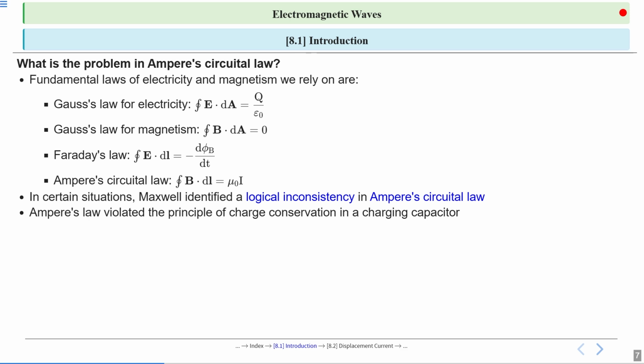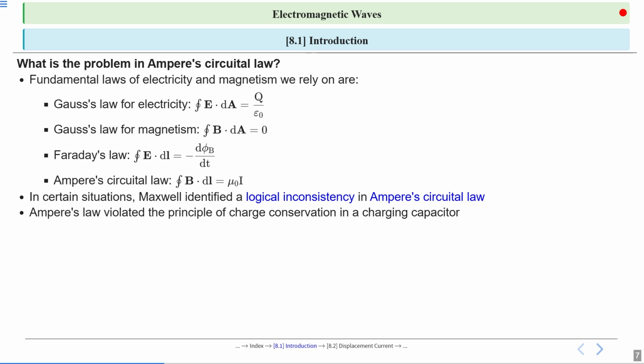He performed an experiment. He placed a magnetic needle near the wire that is connecting the two plates of the capacitor with the source. So that magnetic needle was showing a deflection. But when he placed that needle between the plates of the capacitor, it also showed a deflection, but there is no current flowing between the plates of the capacitor.